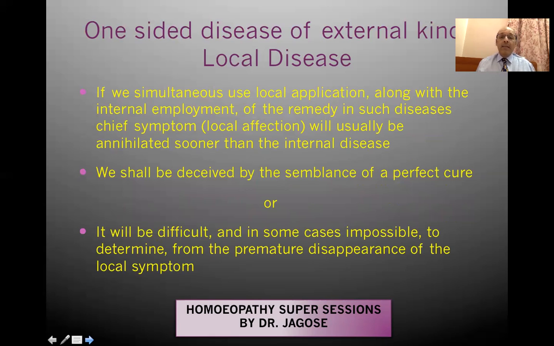If we simultaneously use local application along with the internal employment of the remedy in such diseases, the chief complaint, that is the local affection, will usually be annihilated sooner than the internal disease. So he says that if you give the internal medicine as well as apply some local application externally, what will happen? The local application will disappear sooner, and the internal cause still remains uncured, or it is still persisting or growing worse.